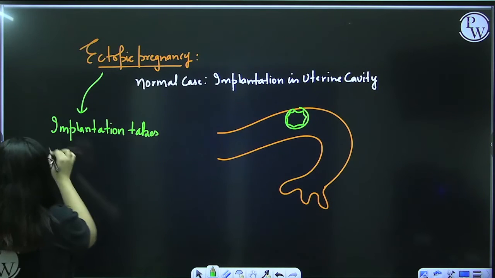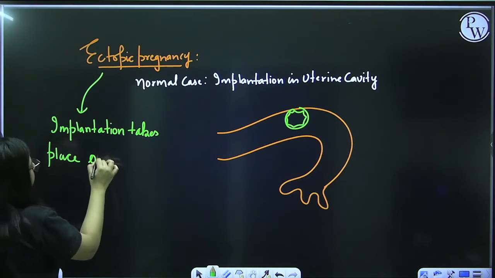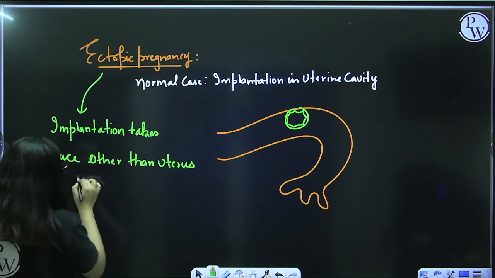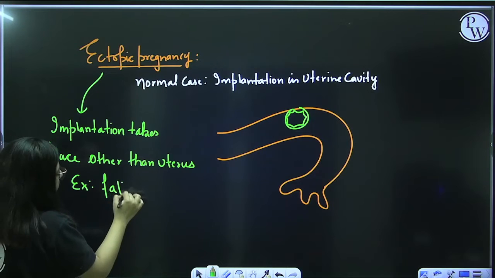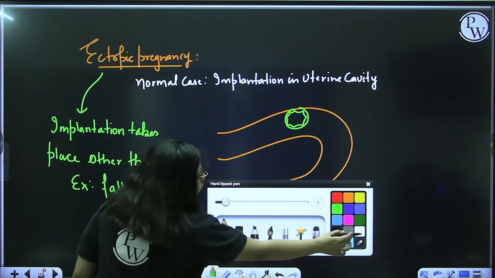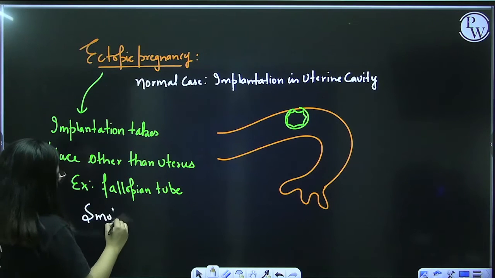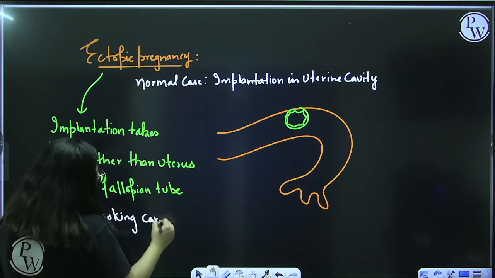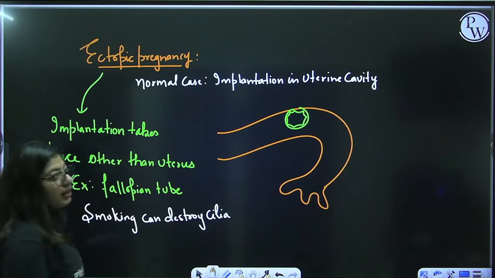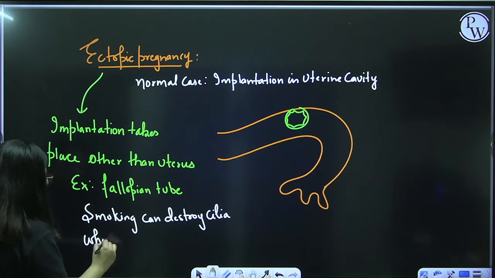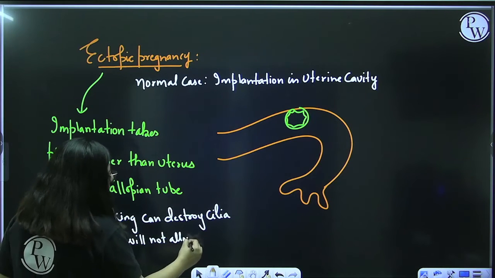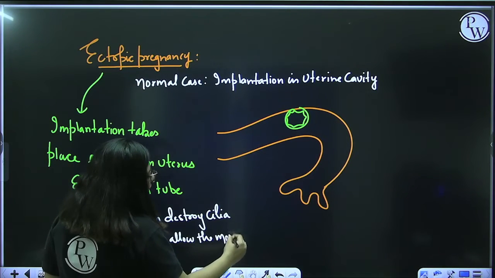takes place other than uterus. Example, fallopian tube. Now what is the reason of this? Smoking. Smoking can destroy cilia, which will not allow the movement of embryo.